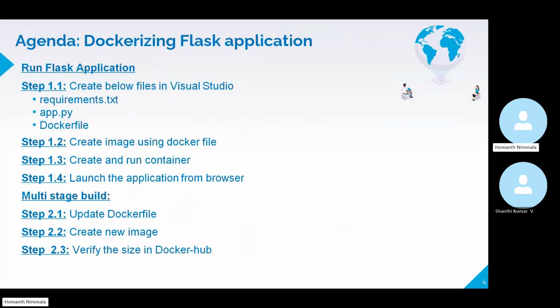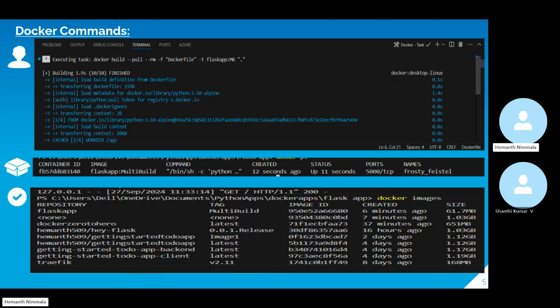Here are some screenshots for the commands that were used. First is when you run the Docker file to generate the image. Next is to see the list of containers that are currently running. And third is to see all the current images in our Docker Desktop that were built.